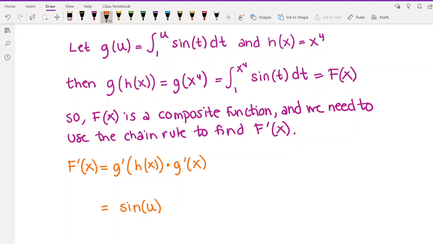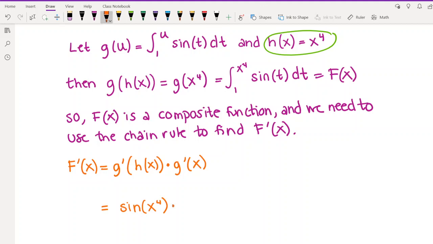However, when we use the chain rule, you're not supposed to put a u here, you're supposed to put your original inside function in. So what is h of x? H of x is equal to x to the fourth. So we're going to say sine of x to the fourth. So basically the first part of this derivative is like we're taking the original integrand, but we're replacing the t, not with x, but with x to the fourth.